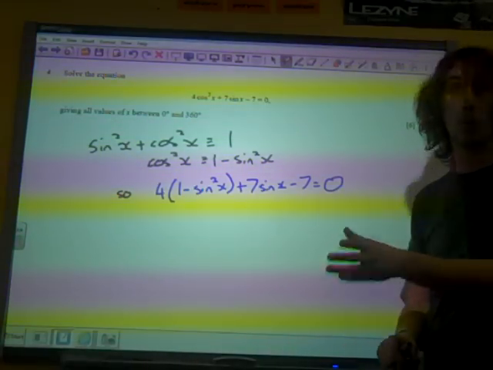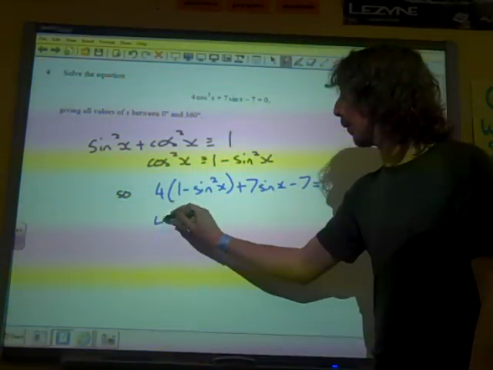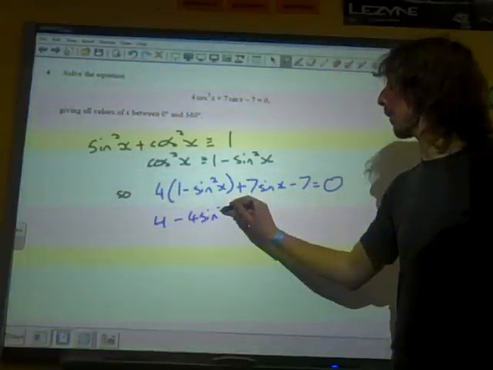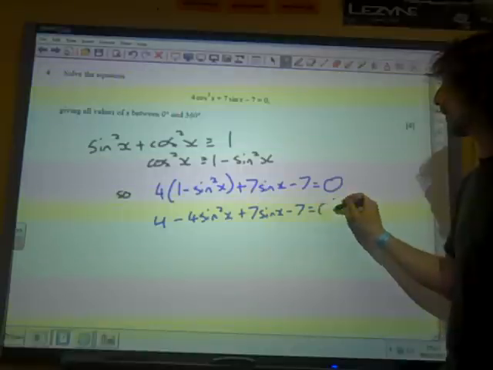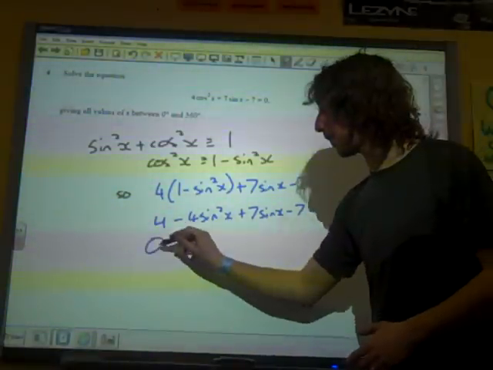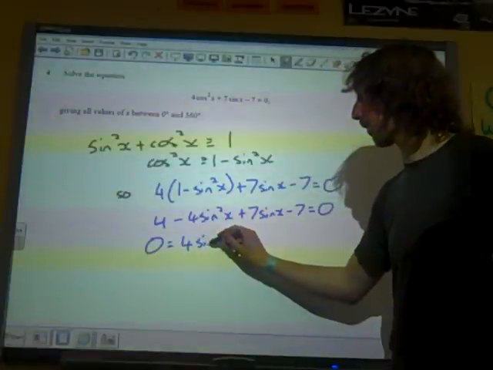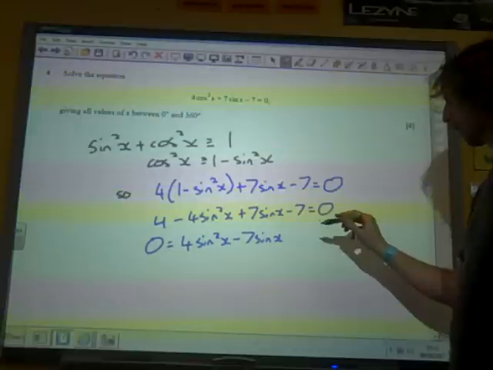Now it's starting to look a bit more like a quadratic in terms of sin x. We have 4 minus 4 sin squared x plus 7 sin x minus 7 is 0. Let's take everything to the other side. 4 sin squared x minus 7 sin x, what would that be?